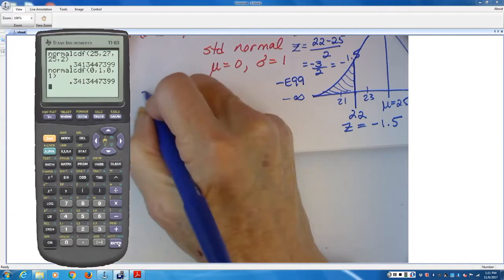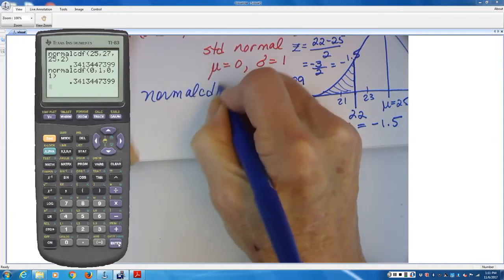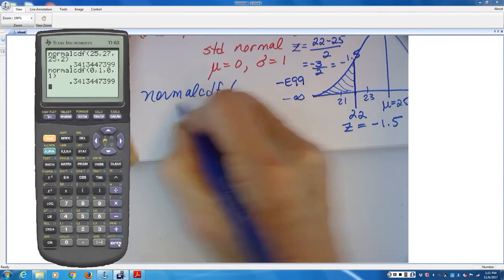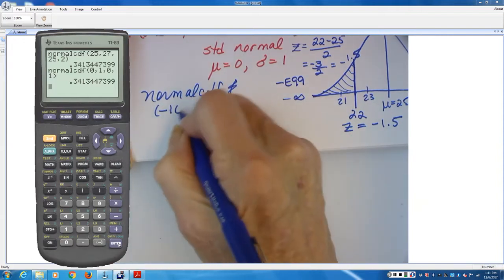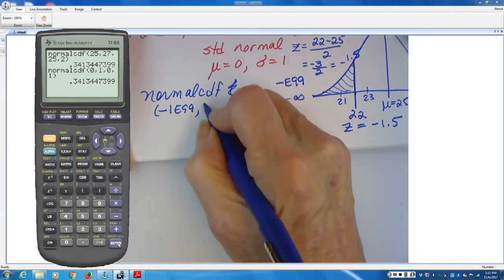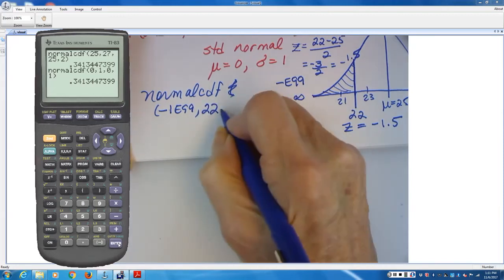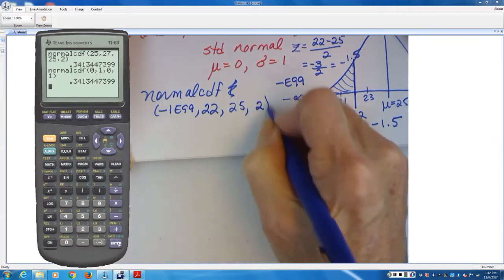So that's going to be normal CDF from negative infinity, negative 1 E99, to 22 with a mean of 25 and a standard deviation of 2.